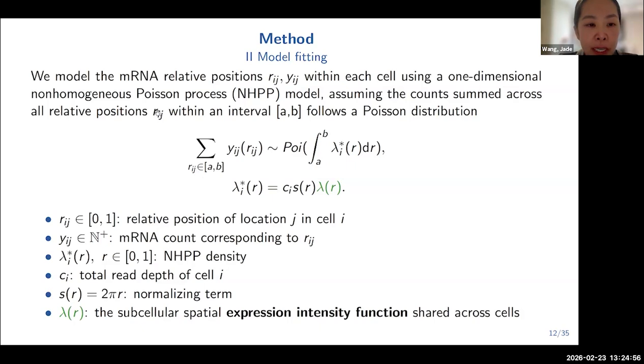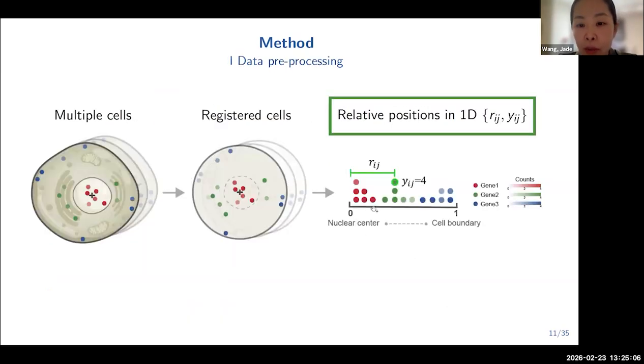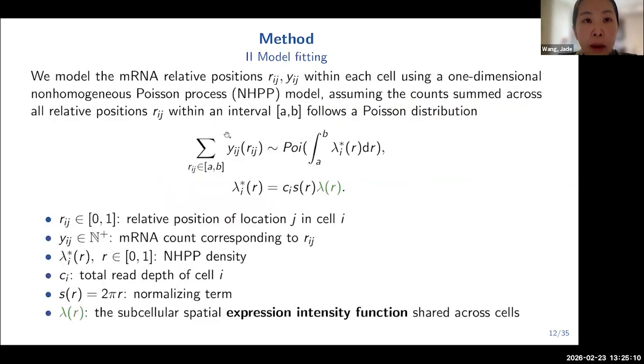For this particular gene, we have multiple cells that we want to pool together. Our idea is that if we look at a particular interval within 0 and 1, we sum the counts within this interval, and those counts should follow a Poisson distribution with this intensity.